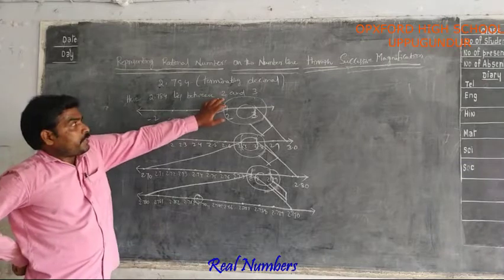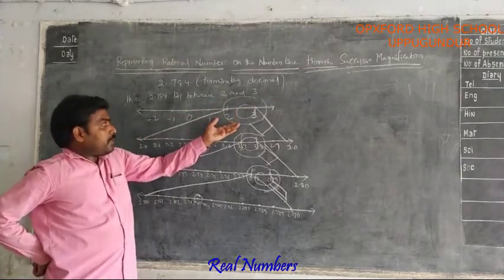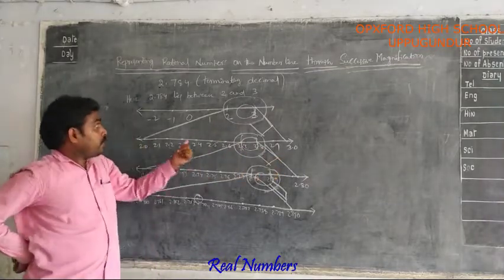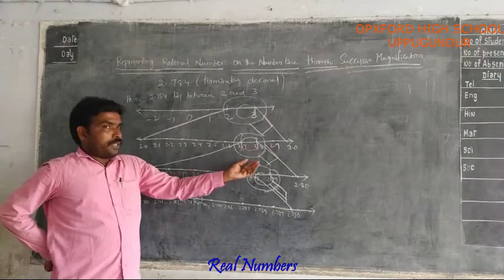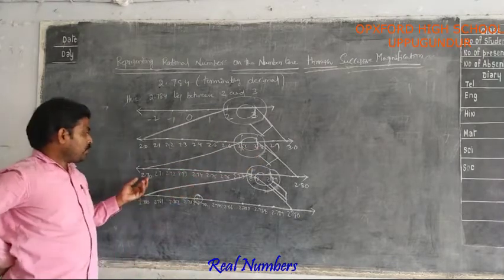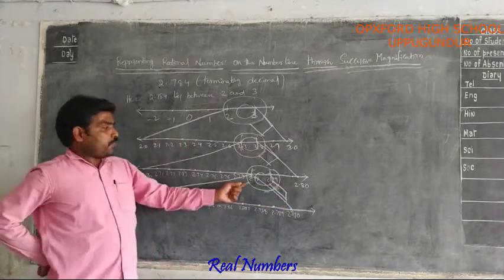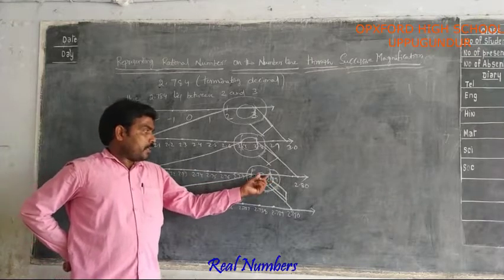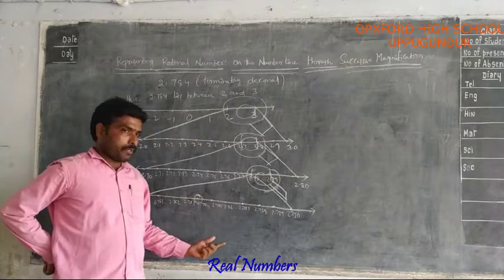We are dividing the interval between 2 and 3 into 10 equal parts. Then it becomes 2.0 to 3.0. Again this number lies between 2.7 and 2.8. Again we are dividing this into 10 intervals, 2.70 to 2.80. Again this number lies between 2.78 and 2.79. Again we are dividing the interval between 2.78 and 2.79 into 10 equal parts.